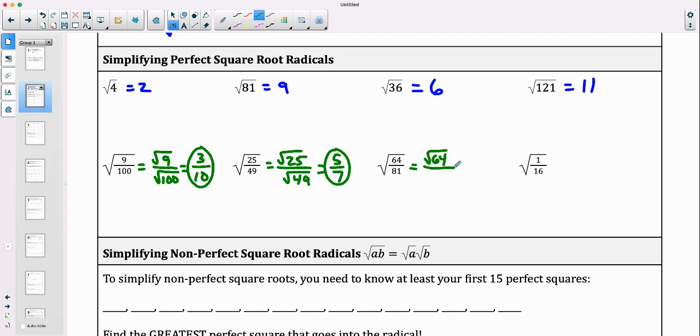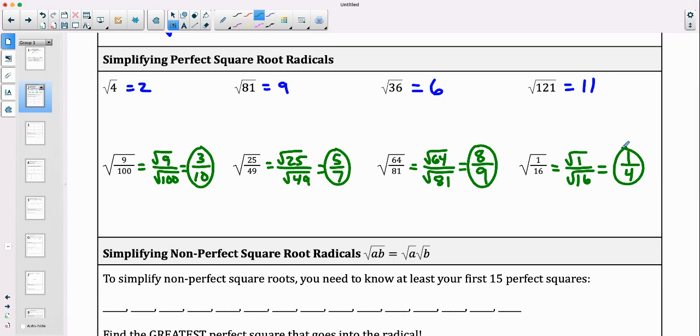If it's the square root of a fraction, you can take just the numerator and just the denominator and treat them separately. So this one is square root of 64, so 8. Square root of 81 is 9. And then same thing with 1 over 16. We can write that as square root of 1 over square root of 16, which is 1 over 4. So if it's already a perfect square, we just say what that answer is, whether it's a fraction or not.